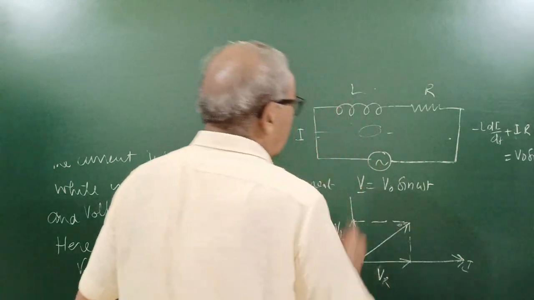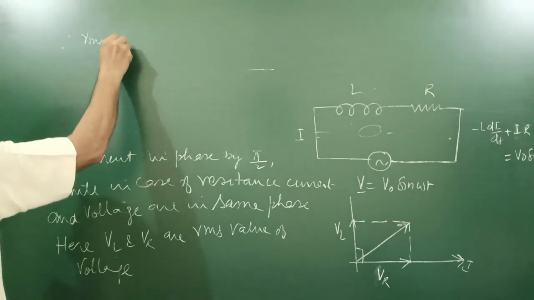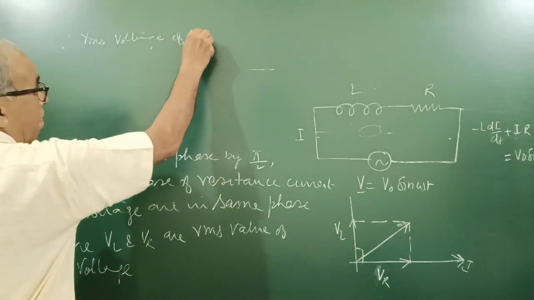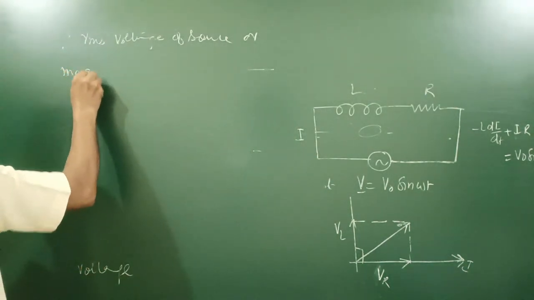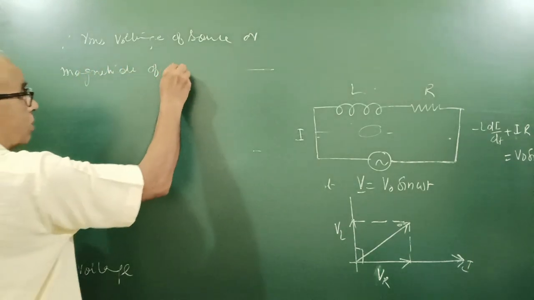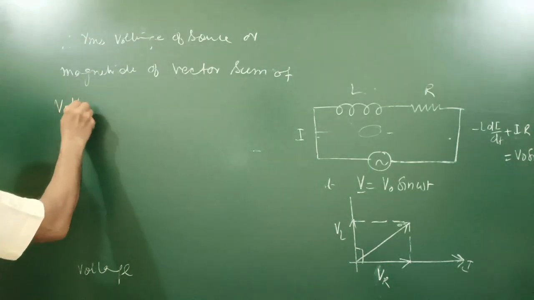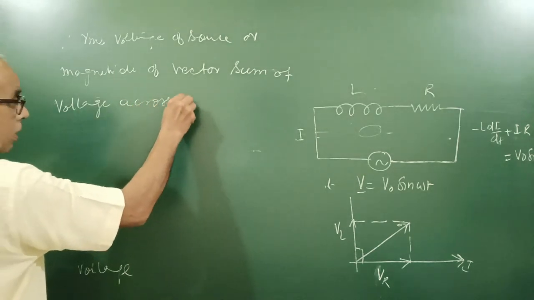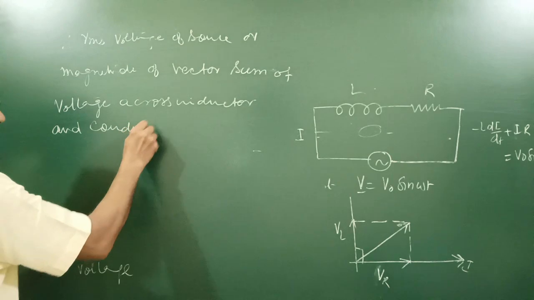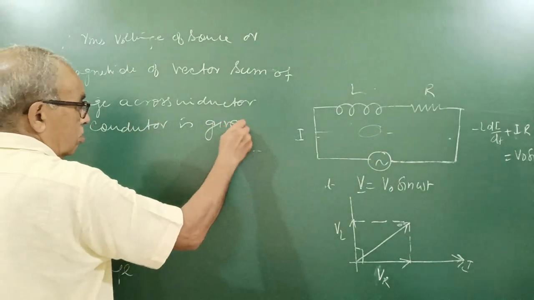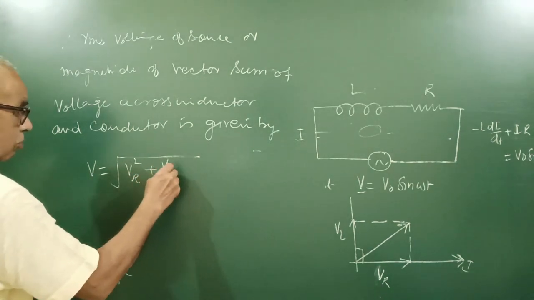This is the vector sum of RMS voltages, which is equal to the RMS voltage of source. So the RMS voltage of source, or magnitude of vector sum of voltage across inductor and resistor, is given by V equal to under root VR square plus VL square.